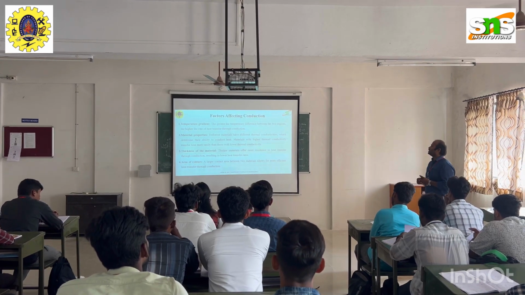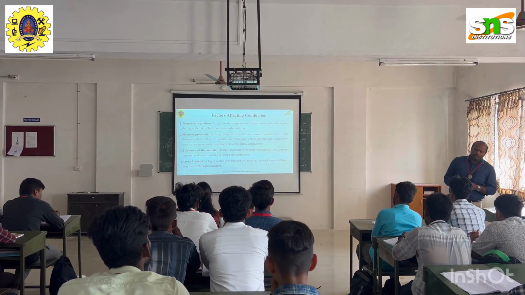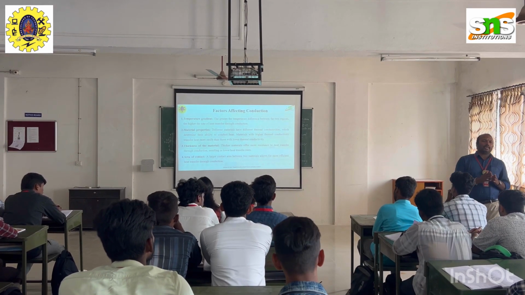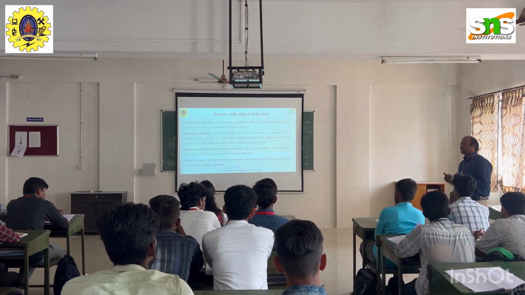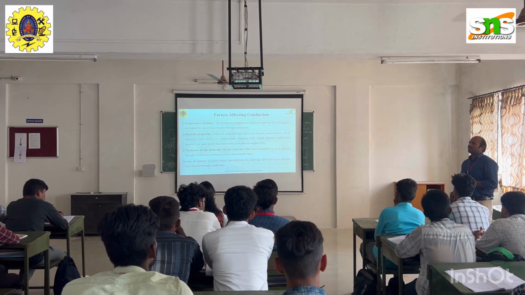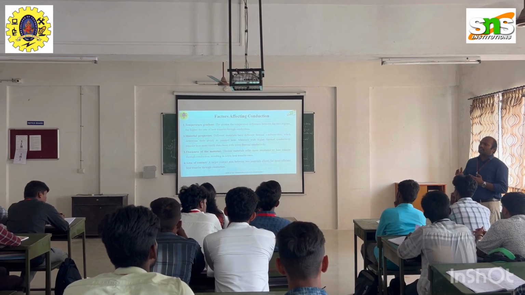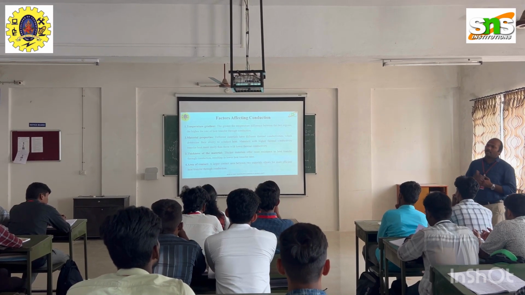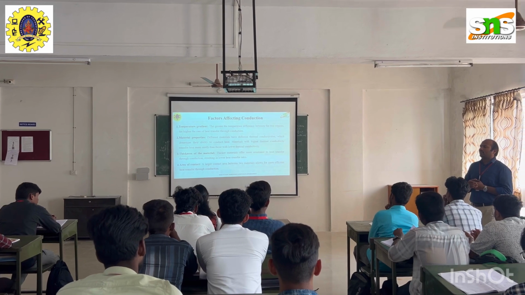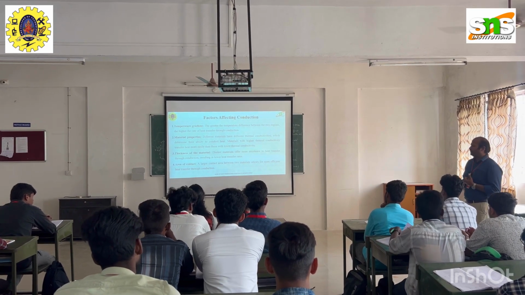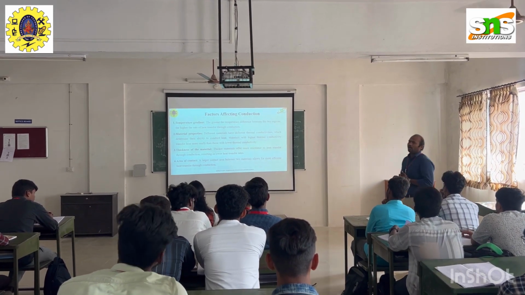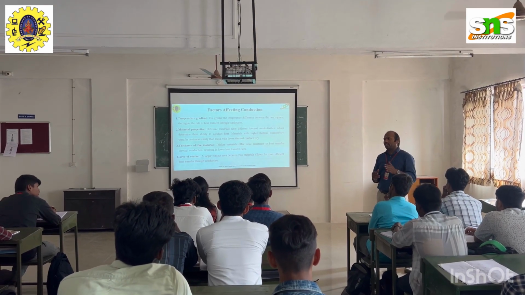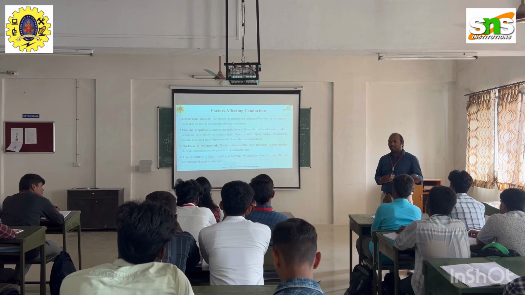The second one is material property. If a material has a property to conduct thermal energy, it will transfer heat very quickly. If it is not conducting thermal energy, then it acts as a resistance to the transfer of heat. For example, steel, aluminum or copper will transfer heat much faster.